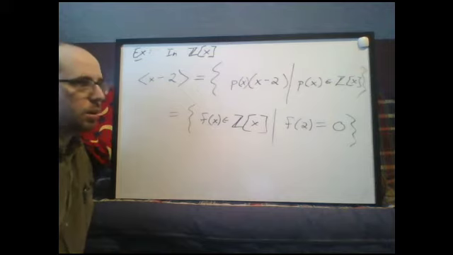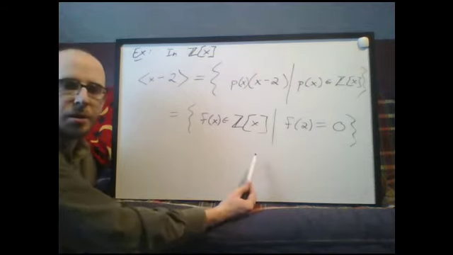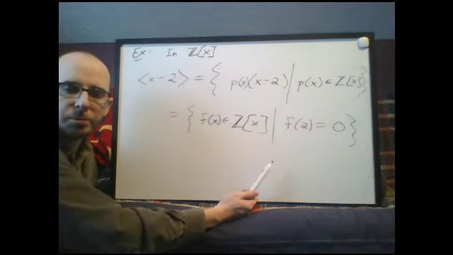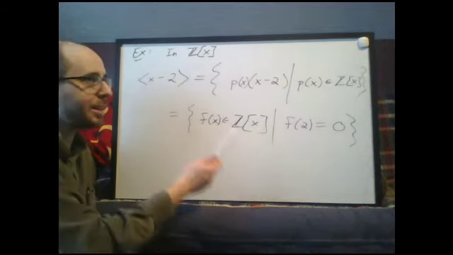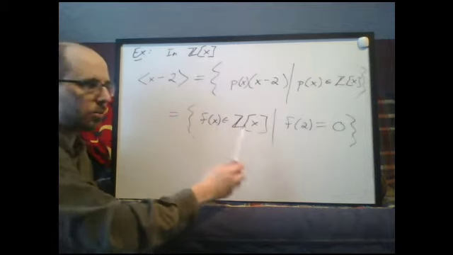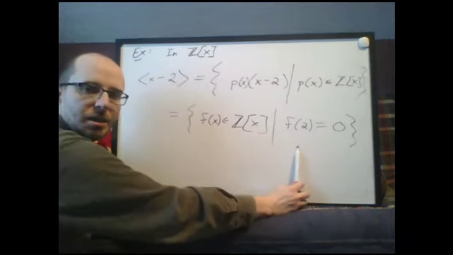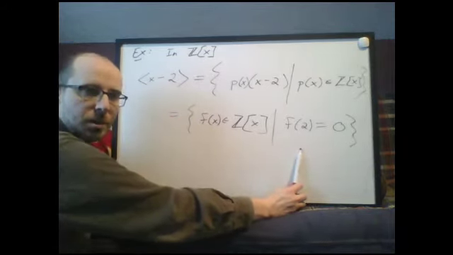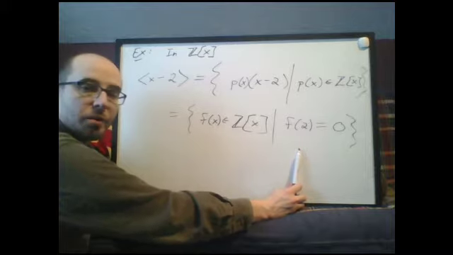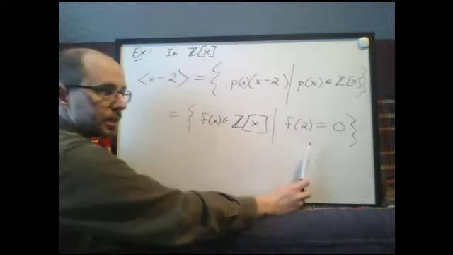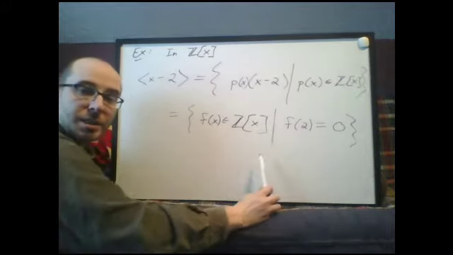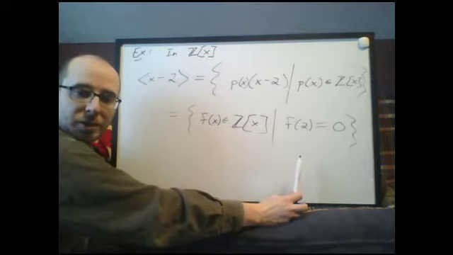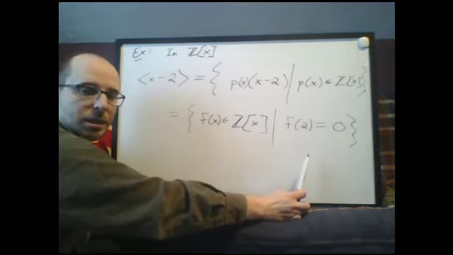Okay, so let's just pause here and think about this example from the perspective of the ideal test. If I hadn't generated it like this, but was just defining this as a set with this as my condition, just think to yourself, does it satisfy the requirements of the ideal test? Well, if I have two polynomials that satisfy this condition, then if I subtract them, their difference also satisfies this condition.